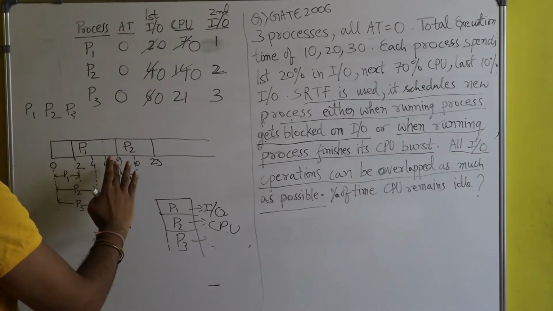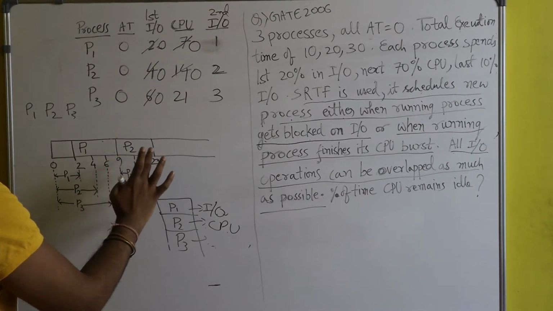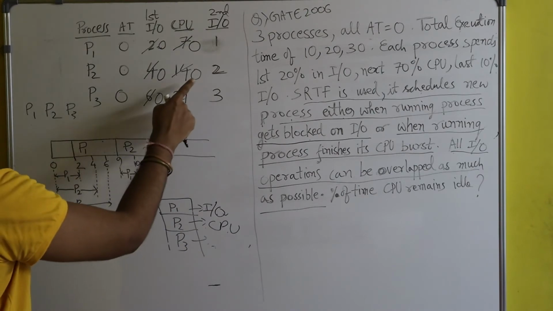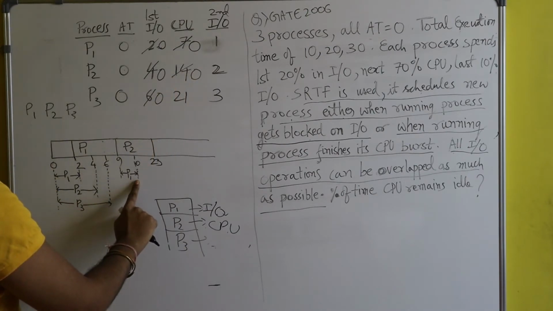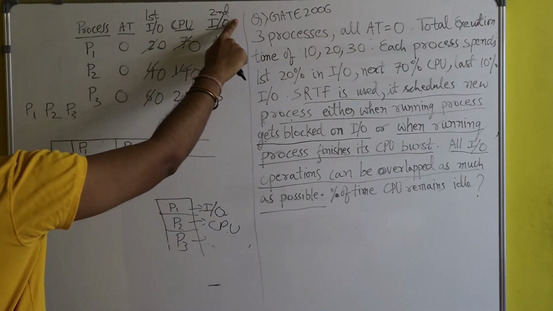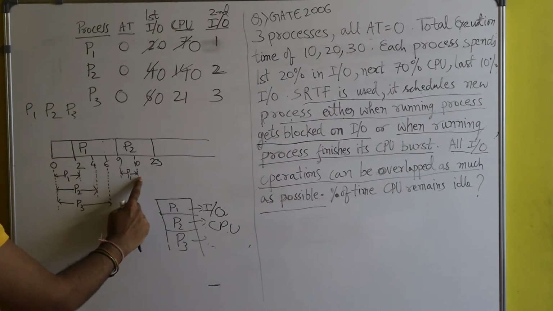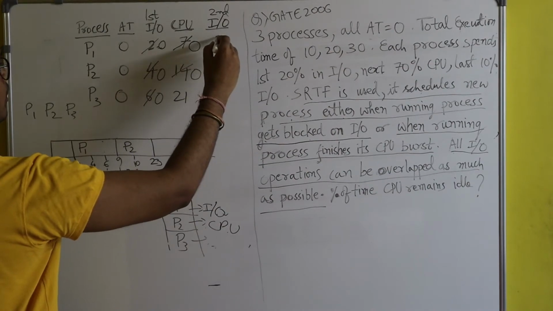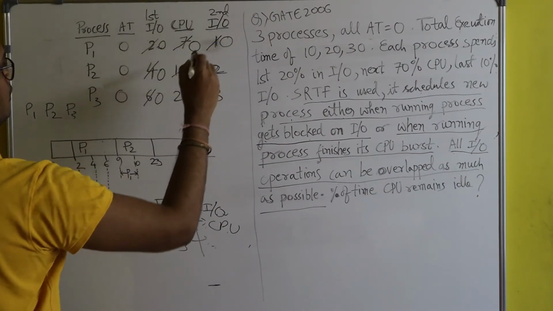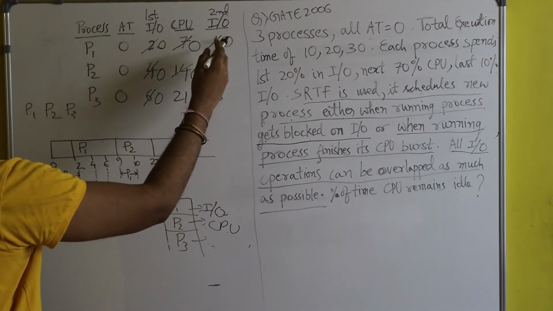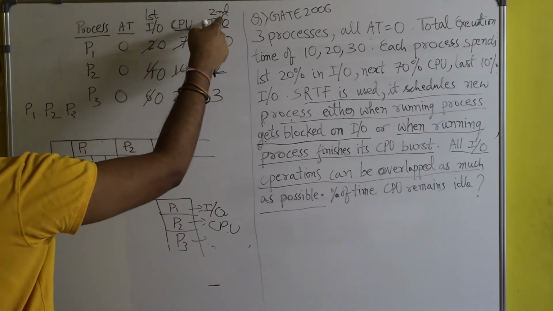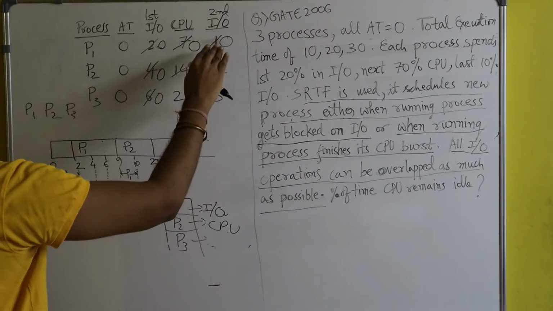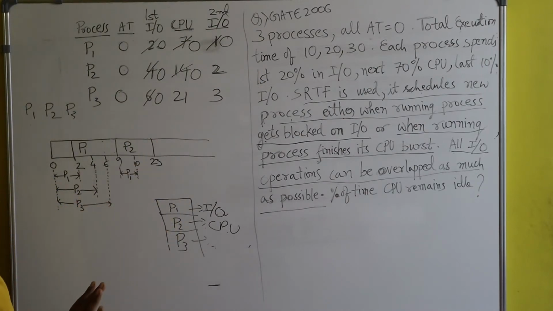And also by the time process P2 completed its CPU time, process P1 has completed its second IO. At 10 second, process P1 completed its second IO. So here I will make it 0. It means no second IO time is left for process P1. Process P1 has fully executed its IO.